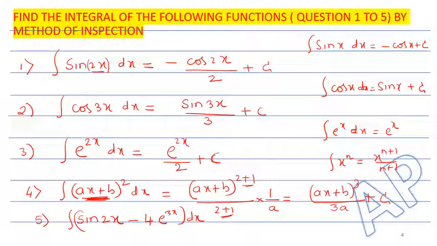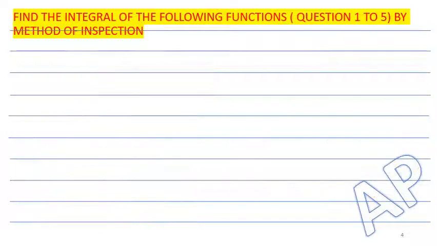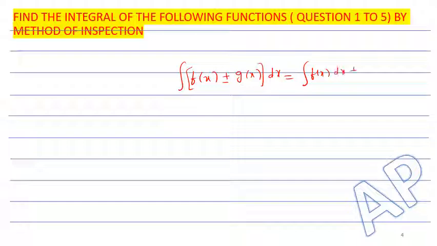So ಇದನ್ನ ಸಾಲ್ವ್ ಮಾಡೋಣ. ಇಲ್ಲಿ ಎರಡು ಟರ್ಮ್ ಇದೆ, so you can remember this. Integral (f of x plus or minus g of x) dx ಅಂತ ಇದ್ರೆ, this will be integral f of x dx plus or minus integral g of x dx. You can remember this property.